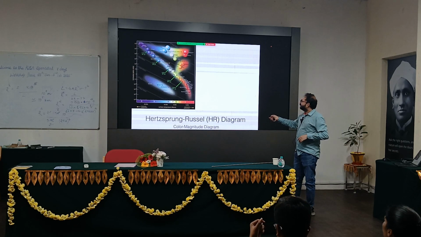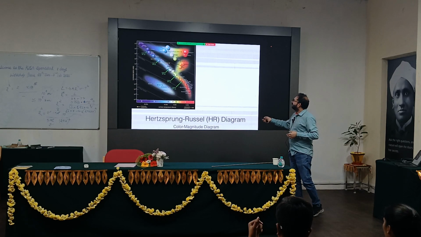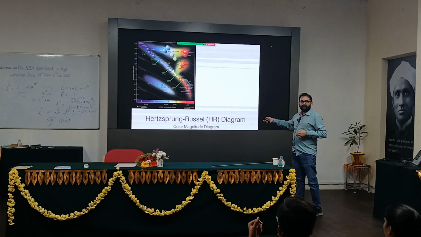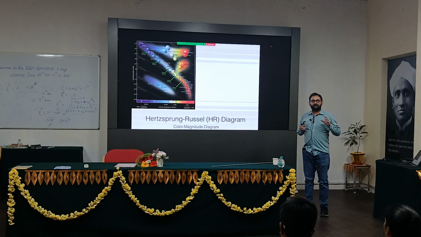And you can see that this looks smaller, that looks slightly bigger. That means radius. So basically your radius also you will understand from here. And I'm sure you people know the relation between temperature, radius and luminosity.